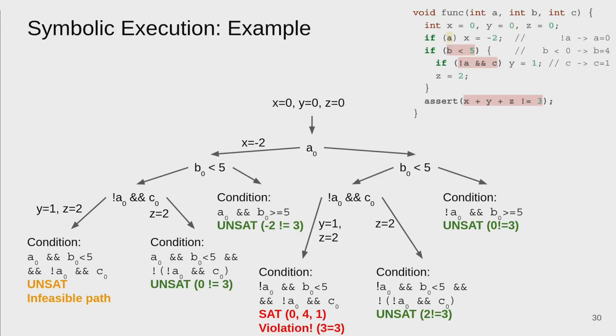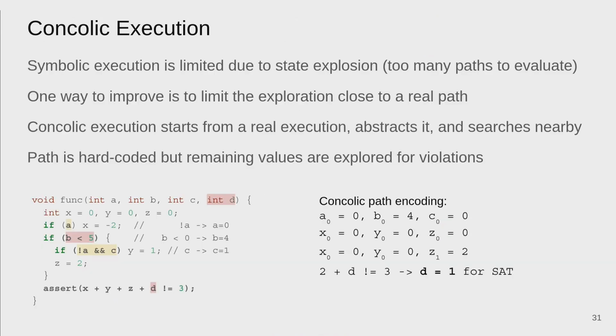So if you go back to this slide here, we would be, for example, picking one certain path through the program to then see if this can be violated. I added an additional parameter to make this a bit more interesting to look at. Cool? So this is symbolic execution and concolic execution.